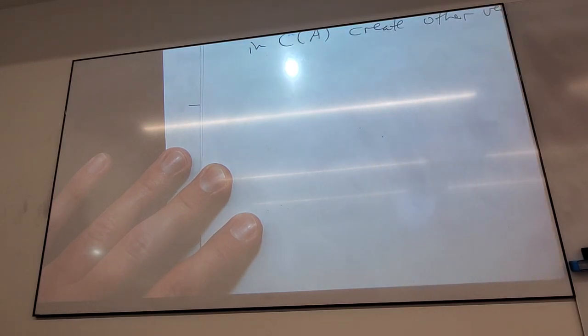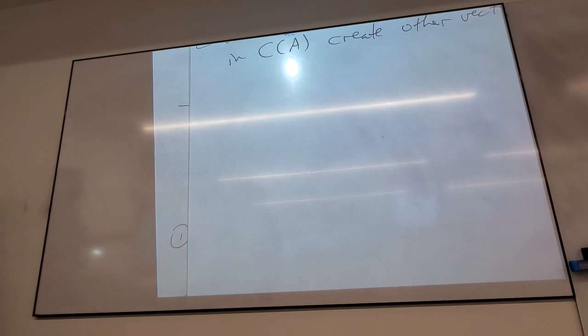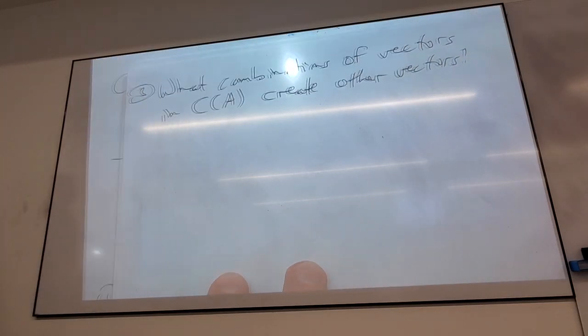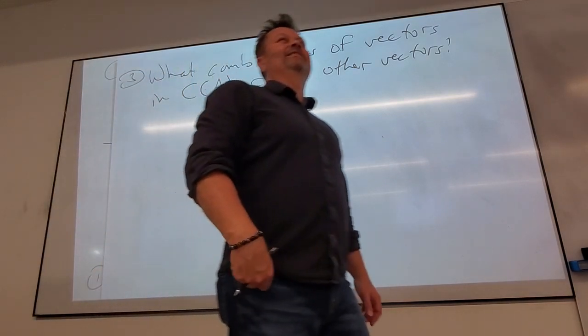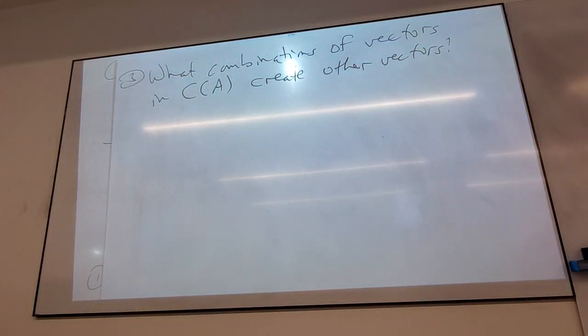So the examples we've done so far have been easy. So a question we could ask the minute we created CA, especially if there's some vectors we left out, well, how do I create those other vectors, right?